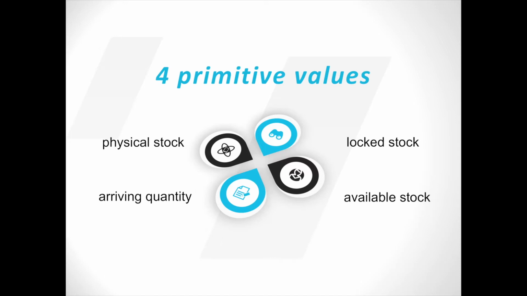The third one is arriving quantity, the quantity that has been purchased and will arrive but is not yet received. And the last one is available stock. The available stock equals physical stock plus arriving stock, minus the locked stock, that can be sold.